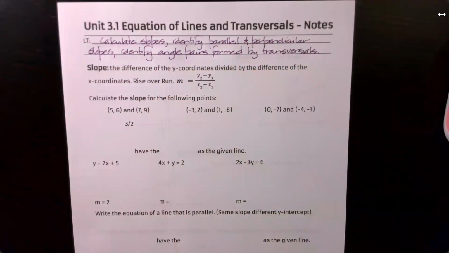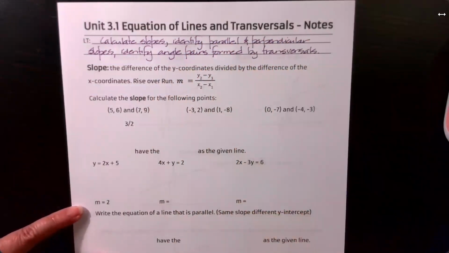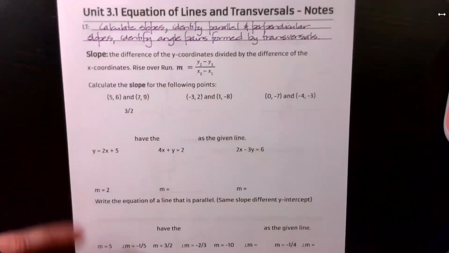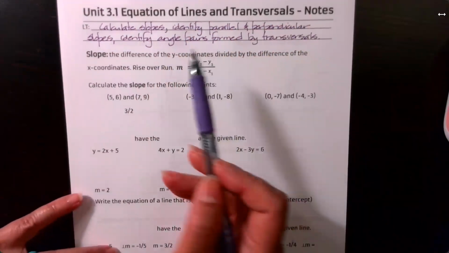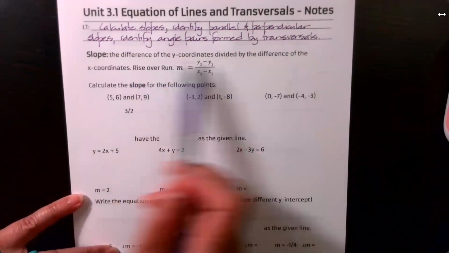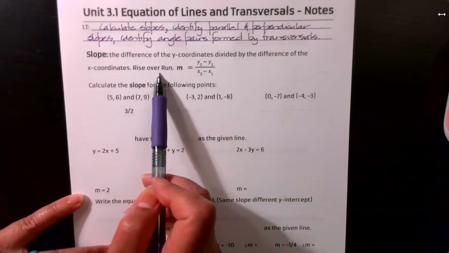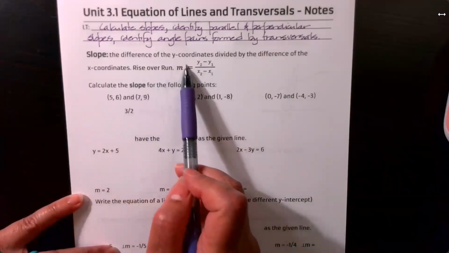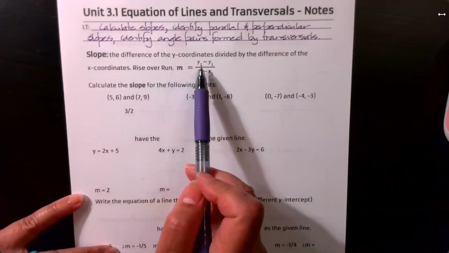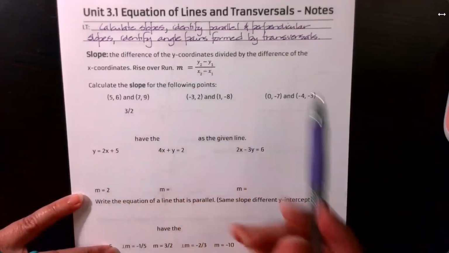So the first thing we're going to look at is slope, and this should be pretty familiar for those of you who have finished Algebra 1. Slope is the difference of the y-coordinates divided by the difference of the x-coordinates, sometimes called rise over run. So you use a lowercase m equals y2 minus y1 divided by x2 minus x1.